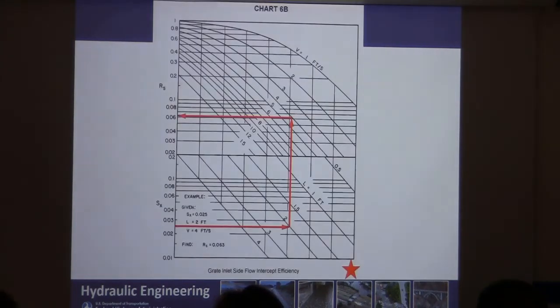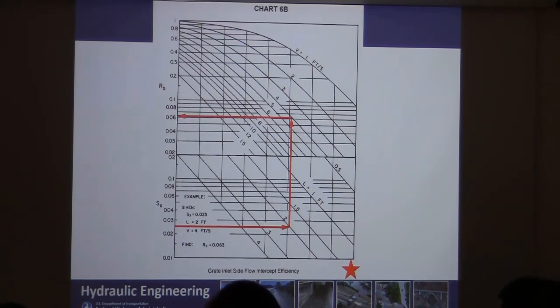Any questions about that? Yeah. That's only valid if your spread is within your roadway, technically. If all your flow is frontal flow, then you wouldn't even have a side flow, so your side flow is 0. That's correct.